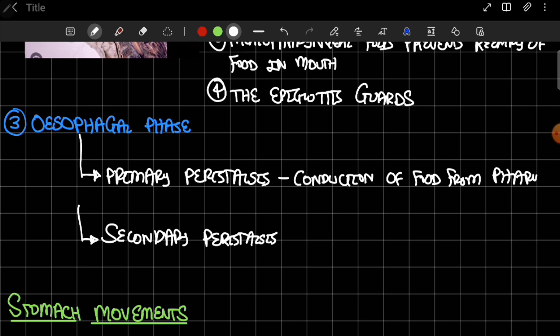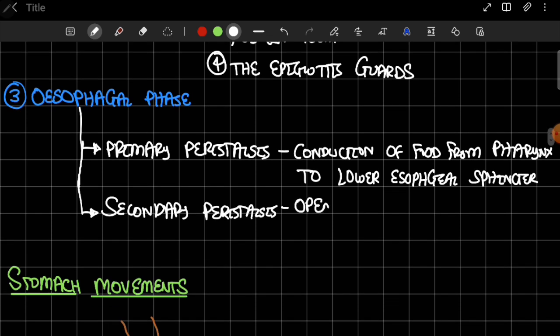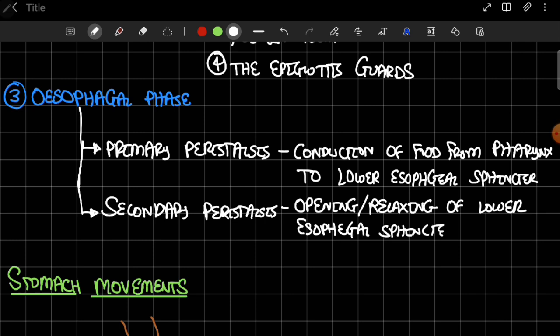From pharynx to stomach, or basically pharynx to lower esophageal sphincter. And the secondary peristalsis comes into action, which is opening or relaxing of the lower esophageal sphincter. This was about the esophageal phase.